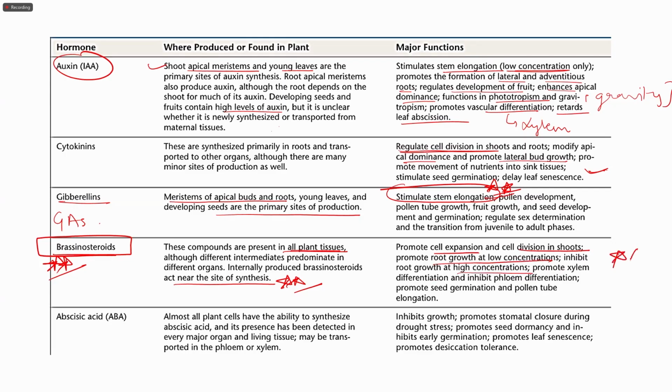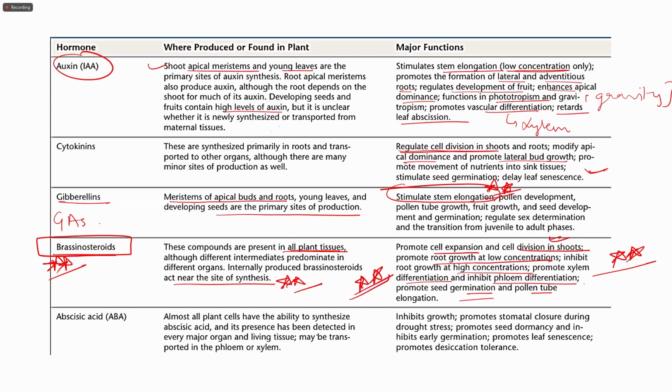So this is important: at low concentration, root growth is promoted. At higher concentration, root growth is inhibited. It promotes xylem differentiation and inhibits phloem differentiation, promotes seed germination and pollen tube elongation. So you must remember the function of brassinosteroids.